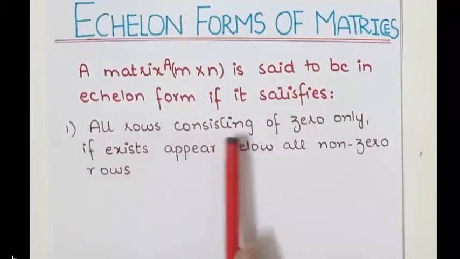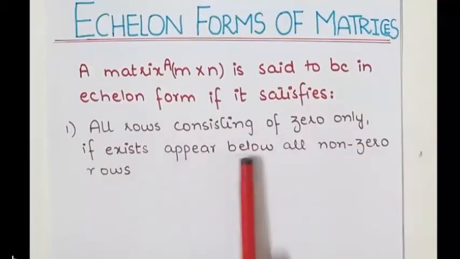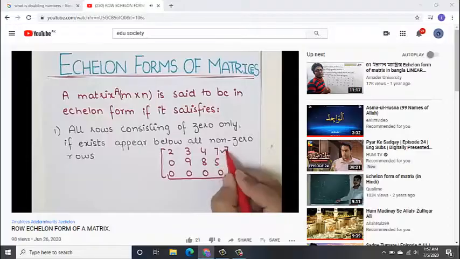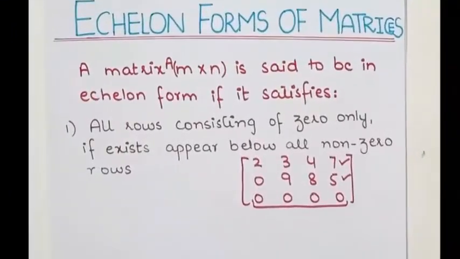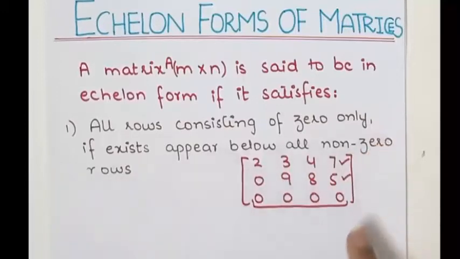All rows consisting of 0 only, if exist, appear below all non-zero rows. It means we suppose this is a non-zero row, this is a non-zero row, and this row appeared at the bottom. So this is property number 1.